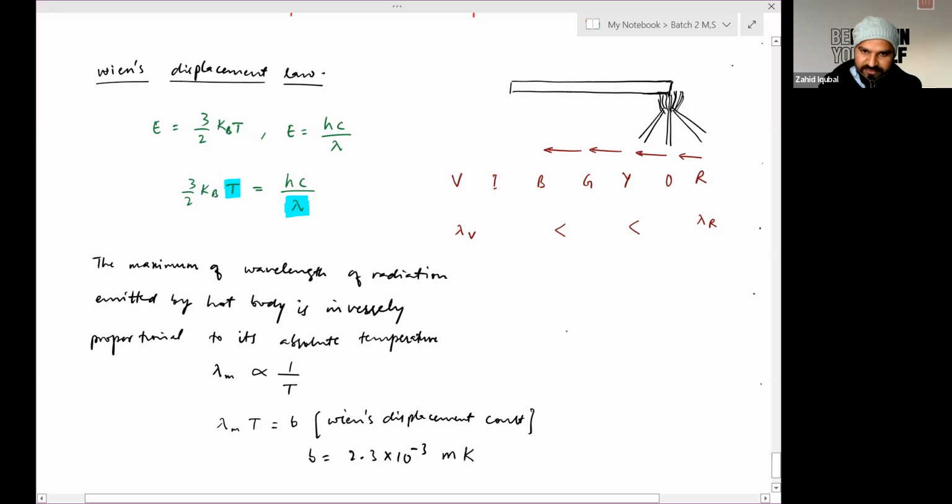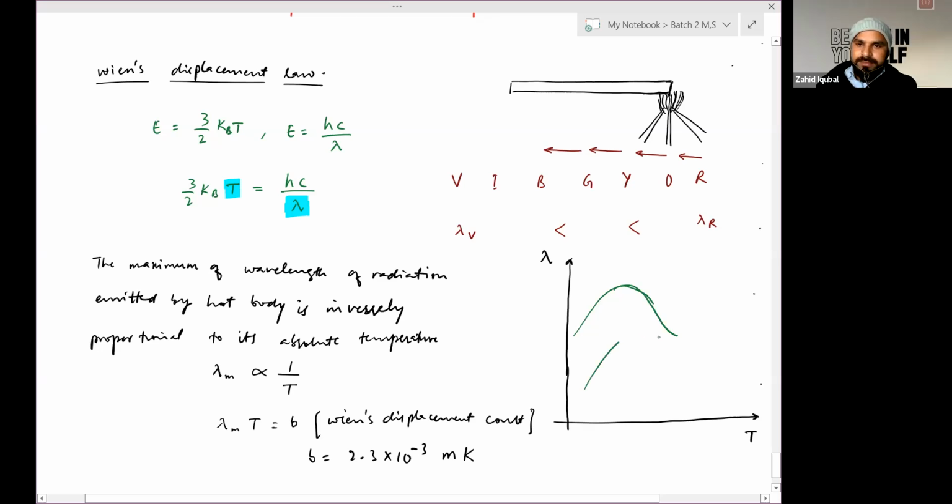According to the graph related to this part, wavelength versus temperature: initially it will have some lower temperature, so it will radiate at a higher wavelength.